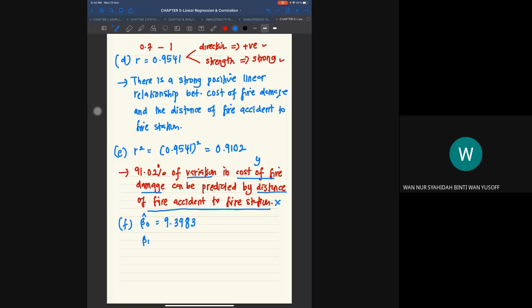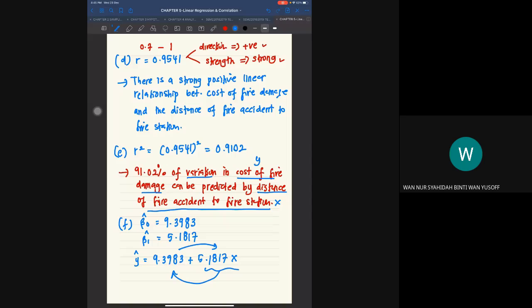Beta 1? 5.1817. And then just write the model. So Y cap equals beta naught 9.3983 plus, because of positive, 5.1817 X. You can write this first or that first, no problem, as long as X is with the slope, not with the intercept. It's up to you.